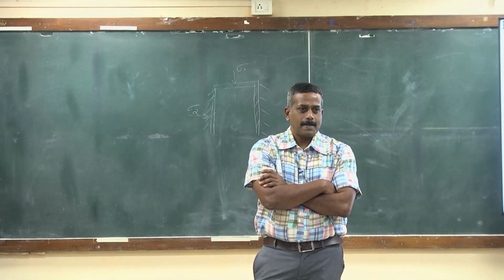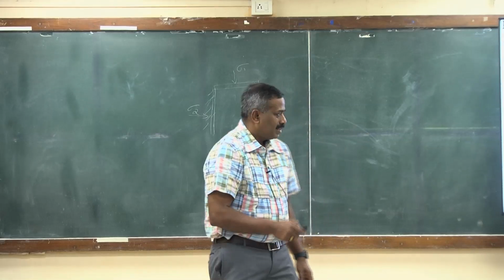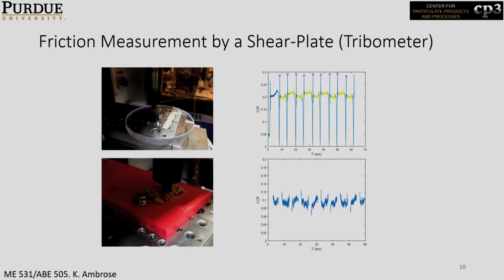Can you explain the tribometer again? The tribometer is mainly used for measuring the wear on surfaces. For example, tire companies, metal companies, they want to know how much they lose by wear, right? So we modified that setup a little to calculate the friction.